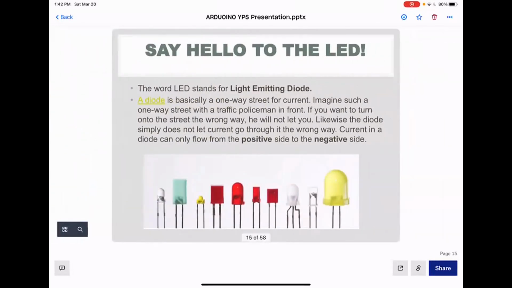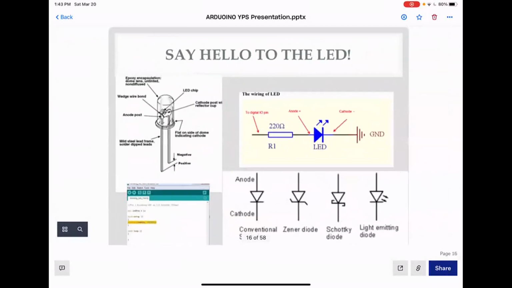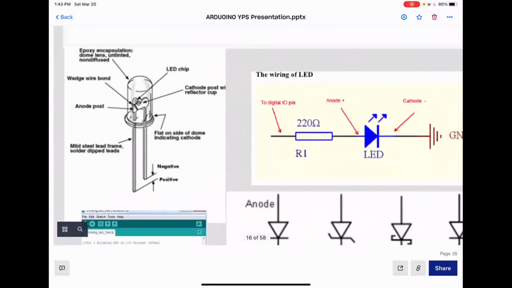We also use LEDs. We're going to have an example, a blinking example. LED stands for light emitting diode. The one important thing you have to remember is that an LED is basically a one-way street. If you hook it up backwards, your circuit is not going to work. In this picture, you can see there's a negative leg, the cathode, and a positive leg.